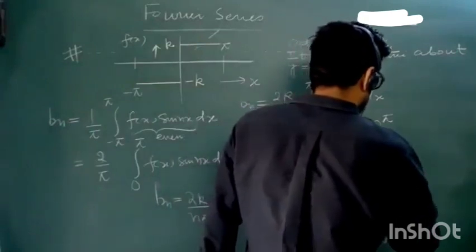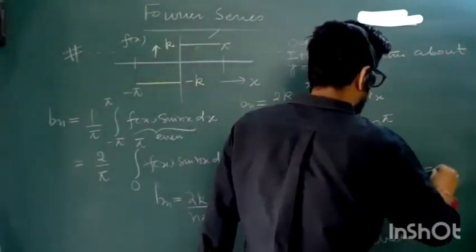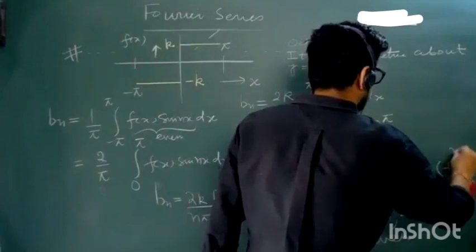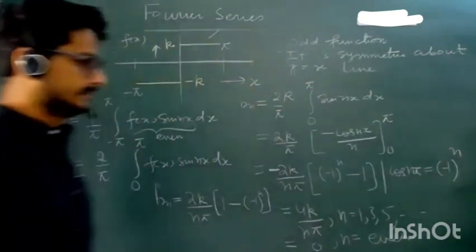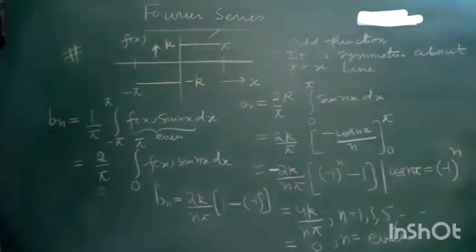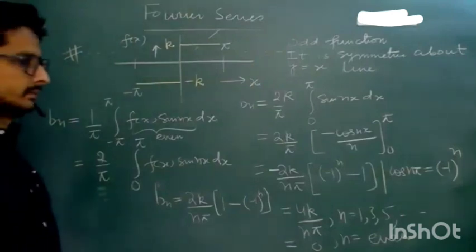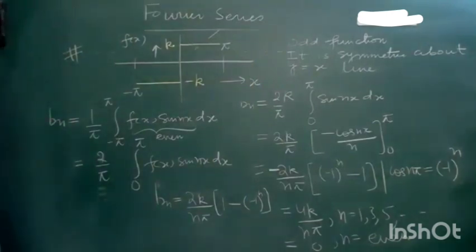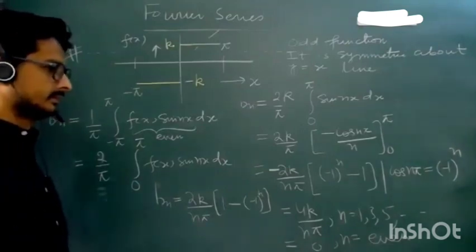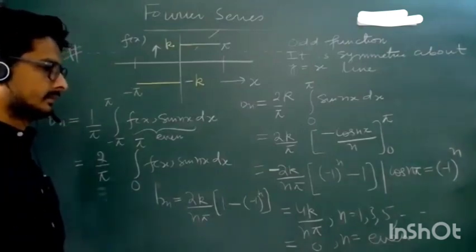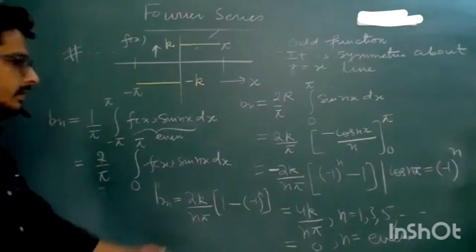Here I have used cos of n pi is equal to minus 1 to the power n. Correct? Any doubt at any level?